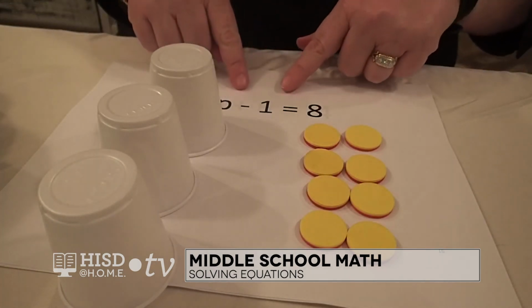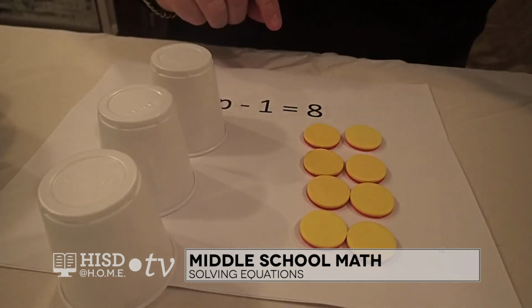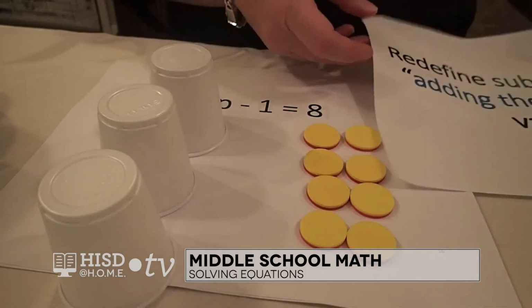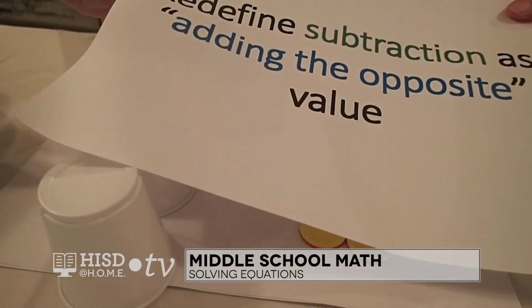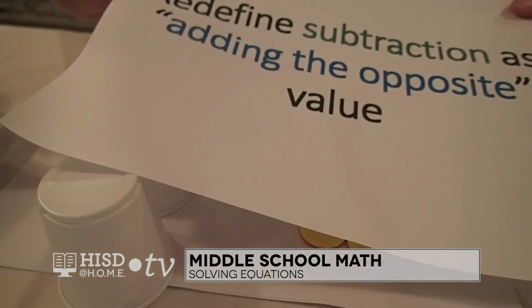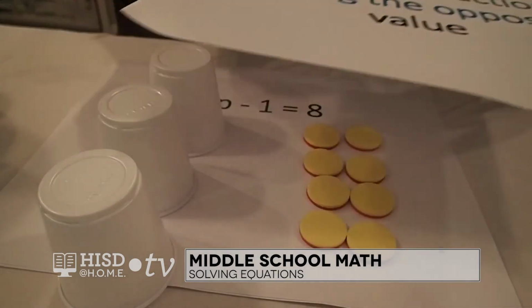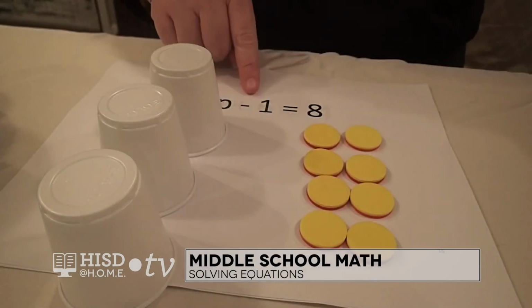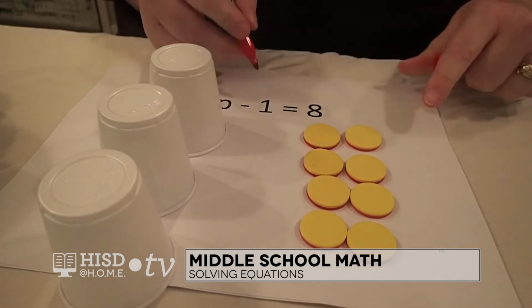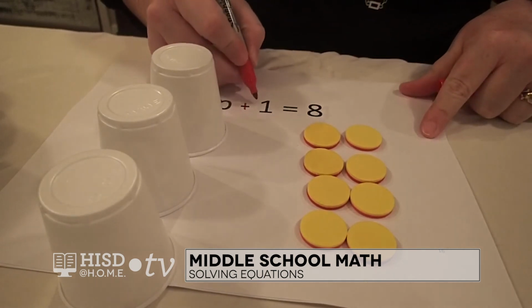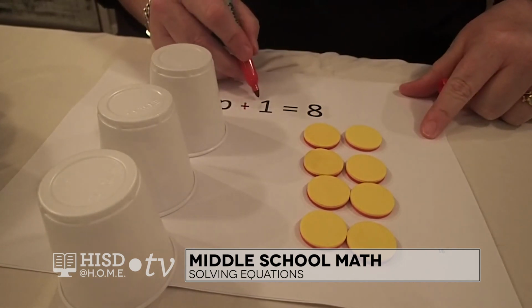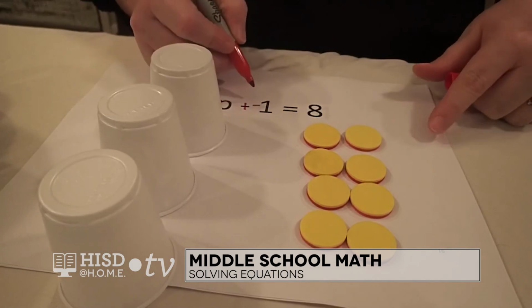And then if you remember from yesterday, I had asked you to remember that we redefine subtraction as adding the opposite. So I want to redefine this subtraction as adding the opposite: the opposite of +1 is a -1.